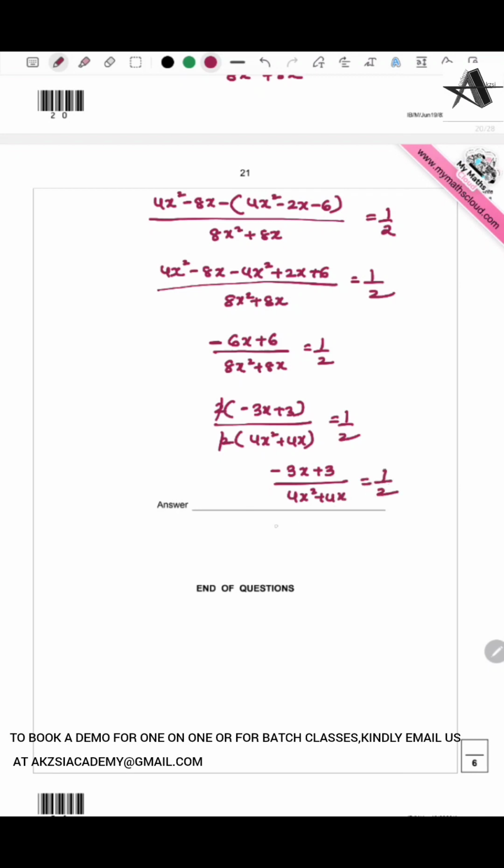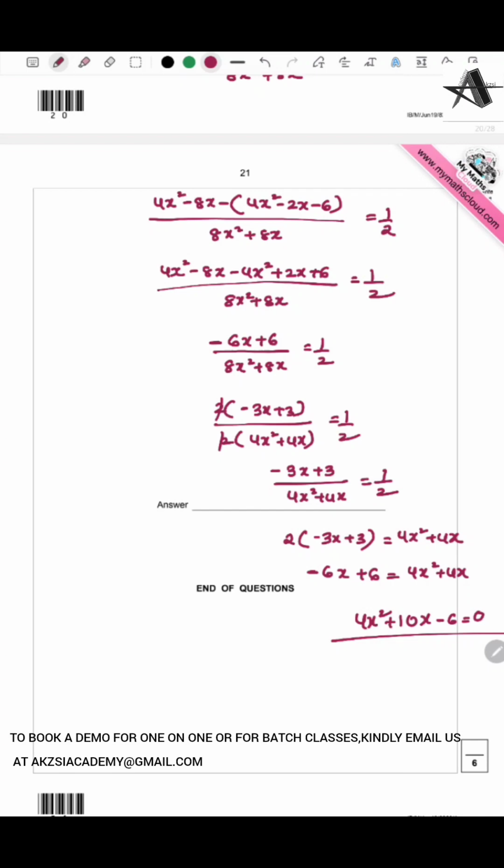On cross multiplying, 2 times (minus 3x plus 3) is equal to 4x squared plus 4x. This will be minus 6x plus 6 equals 4x squared plus 4x. So finally it will be 4x squared, bring 6 here, plus 10x minus 6 equals 0.